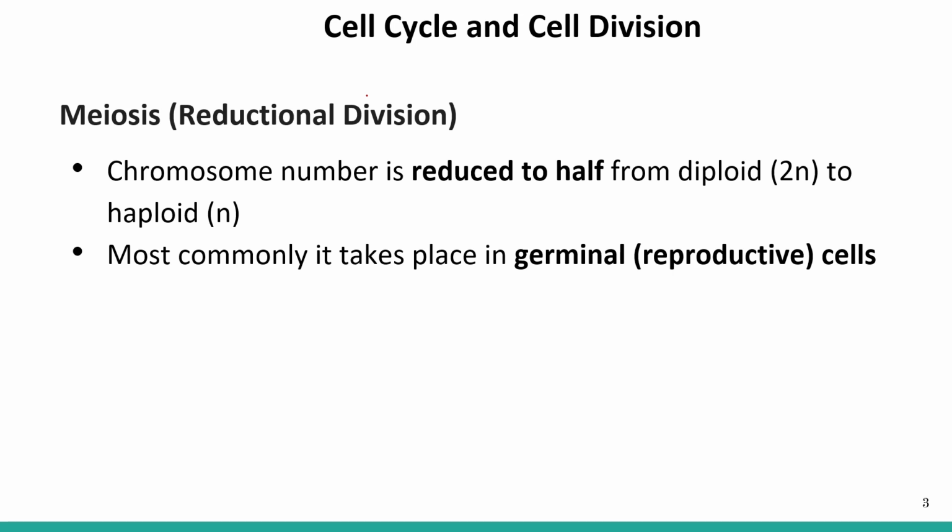So in meiosis, what happens? There is a reduction of the chromosome number into half. This is the point to remember here, that the chromosome number is reduced to exactly half.